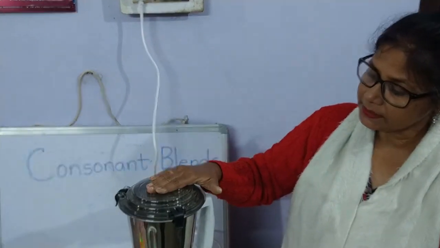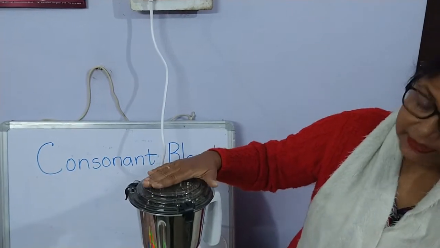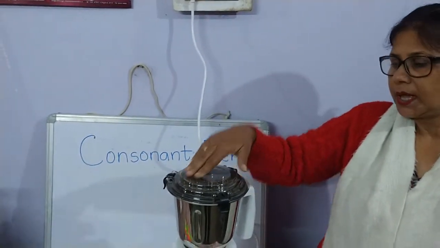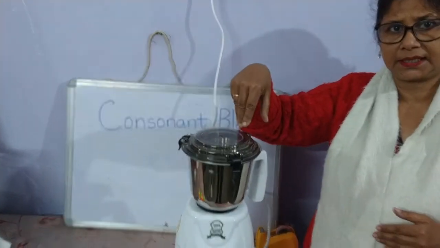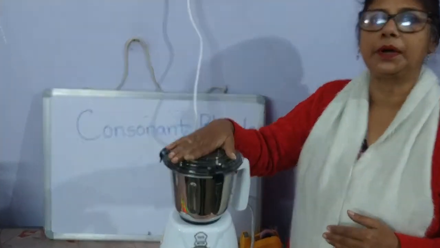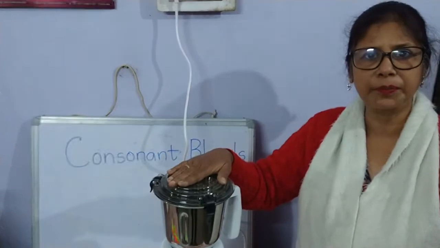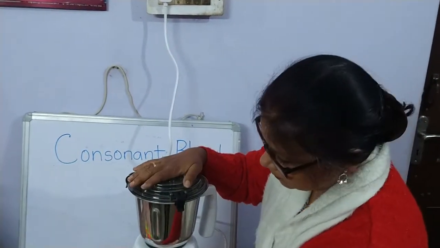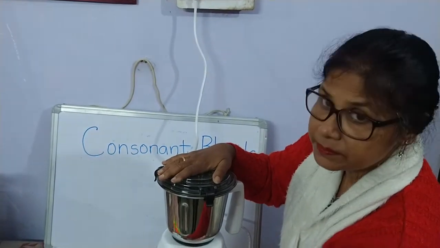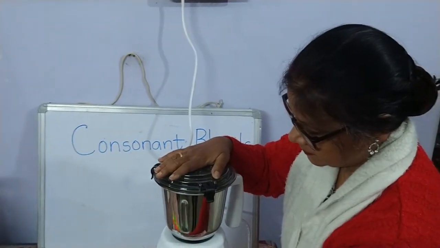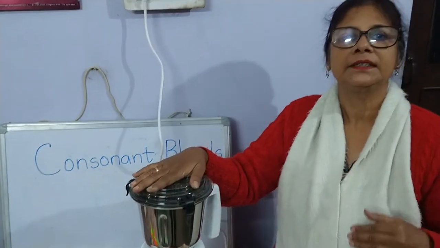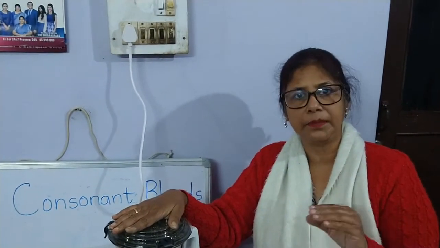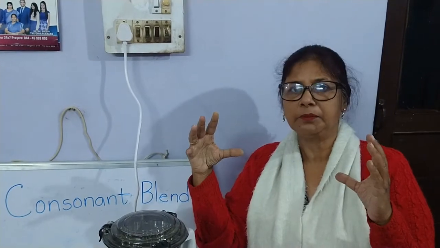Now what is this? This is a blender. It is used to mix things. Like if I put a glass of milk and coffee powder and if I blend it, then the coffee powder and milk will get blended.